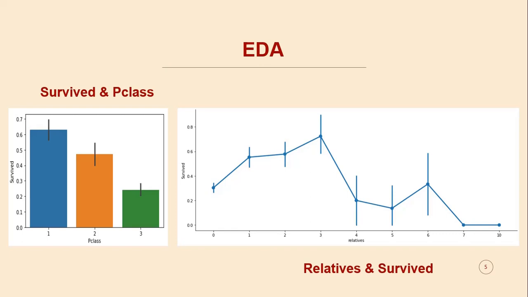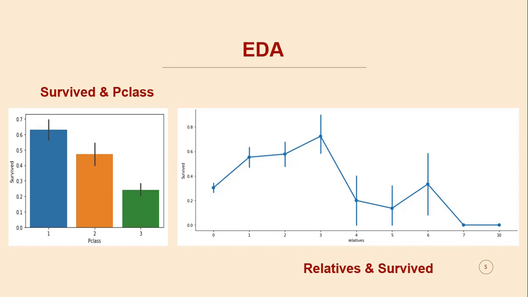Those persons who have more relatives, that means 2 or 3, had a higher chance of survival as compared to the people who have 0 relatives or more than 3 or 4 relatives.